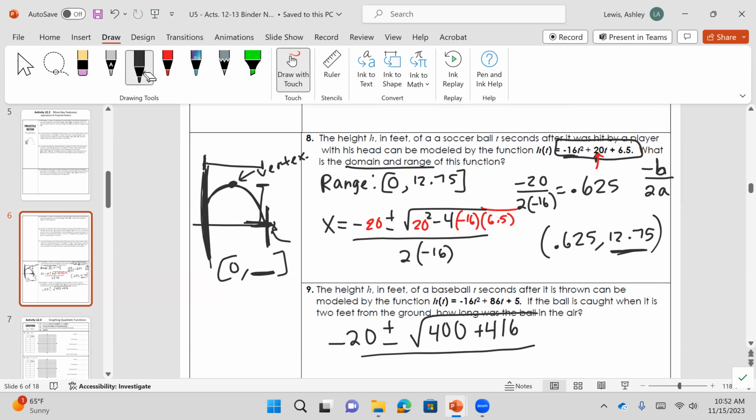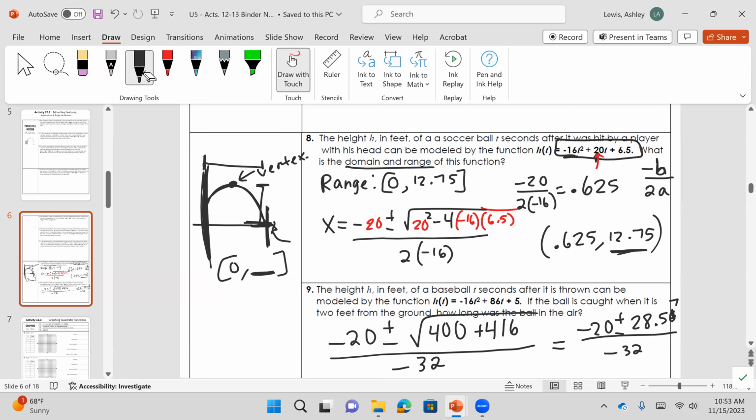All over 2 times negative 16, negative 32. Then calculate the square root of 816, which is 28.56, over negative 32. With the rounding, 0.57. So guys, we want the positive answer. We don't have negative time.